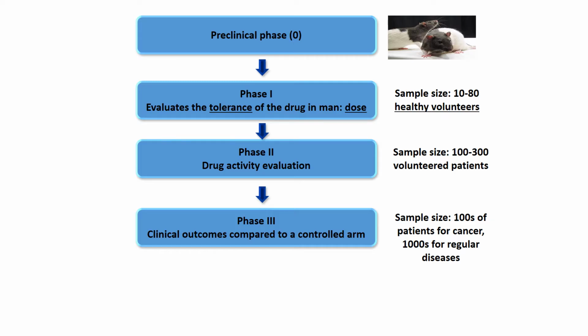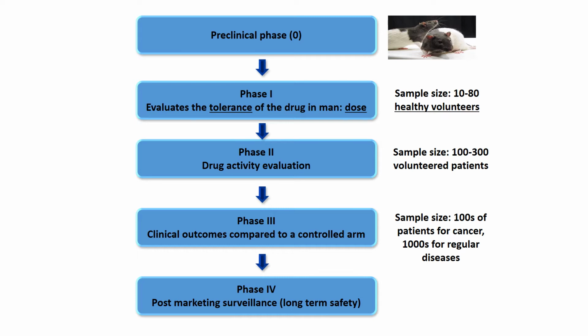In cancerology, we try to limit the number because there are fewer patients. The fourth phase of a clinical trial is what we call the post-marketing surveillance stage, where we aim at the long-term safety of the drug after it has already been authorized into the market.